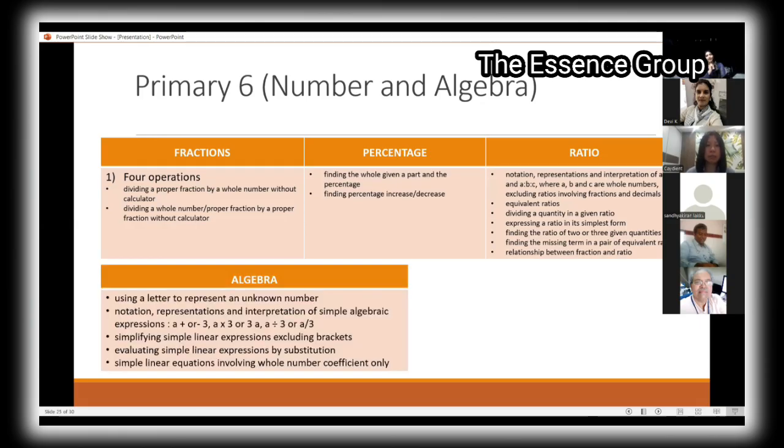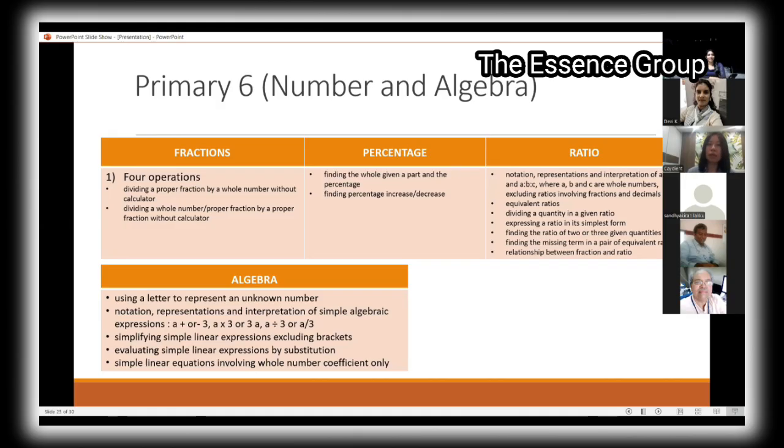Apart from fractions, percentage, and ratio, the very first chapter that they will learn in primary 6 is algebra. This algebra, I would say, is a foundation to prep them for secondary school. Because in Singapore, for math especially, the foundation of primary math is times tables.